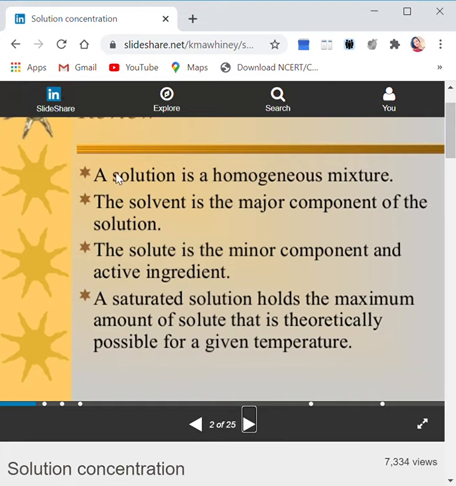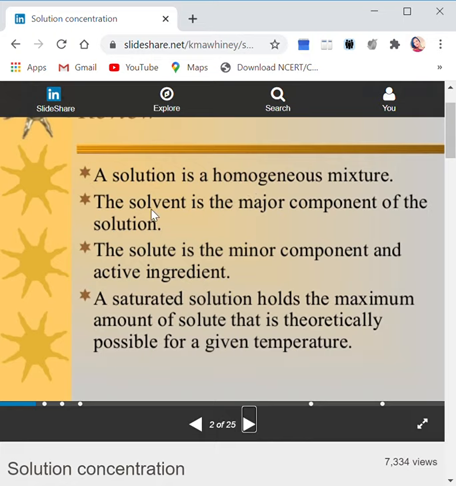Now please pay attention here that a solution is a homogeneous mixture. I told you this because we cannot see the particles of solution through naked eyes. Why? Because the particle size is very small.